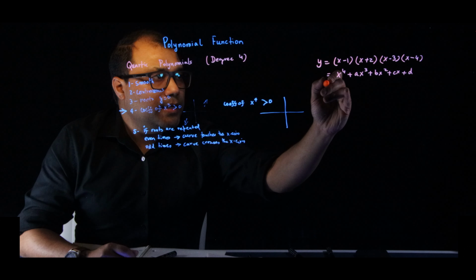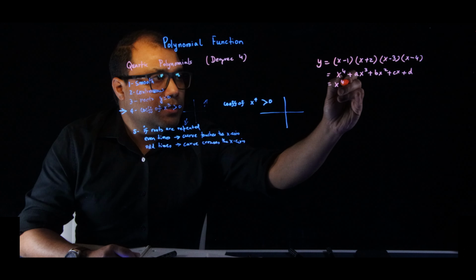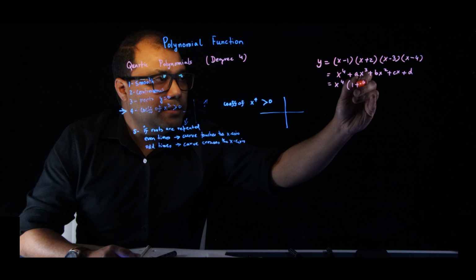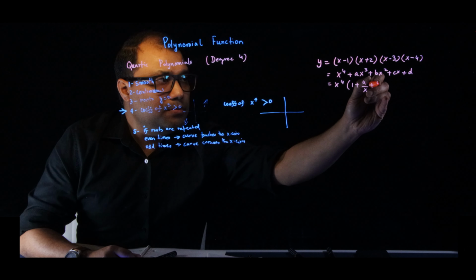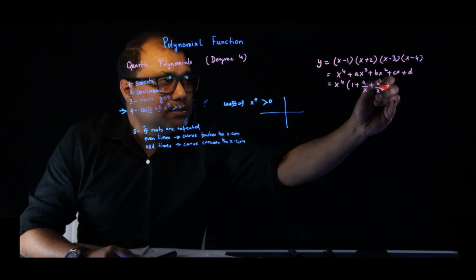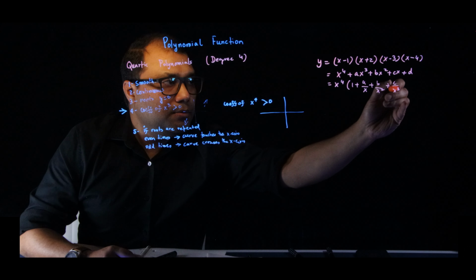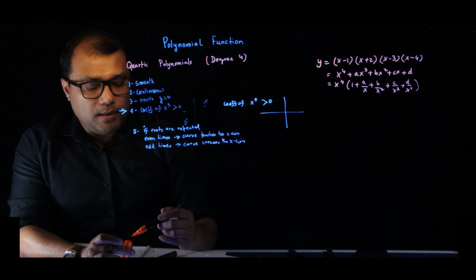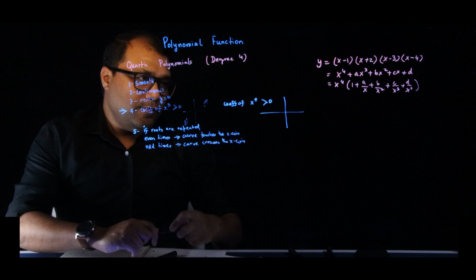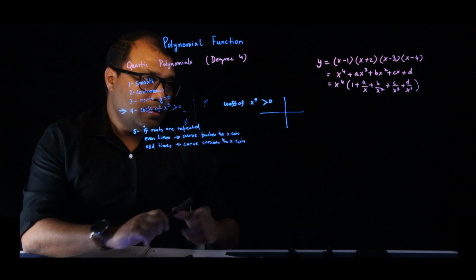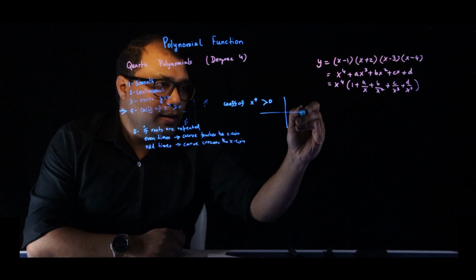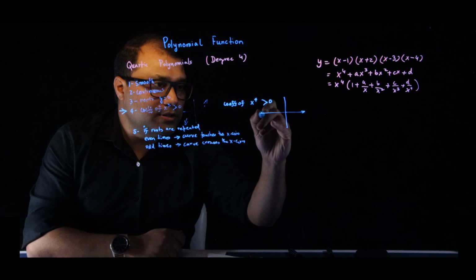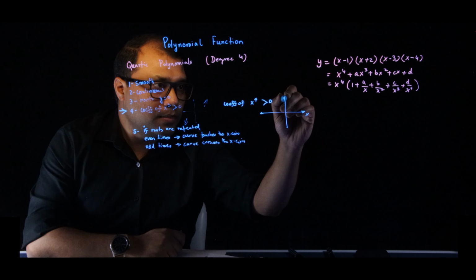If we take x to the power 4 common, then 1 plus a by x plus b by x square plus c by x cube plus d by x to the power 4. Now let's look at when x tends to positive infinity.